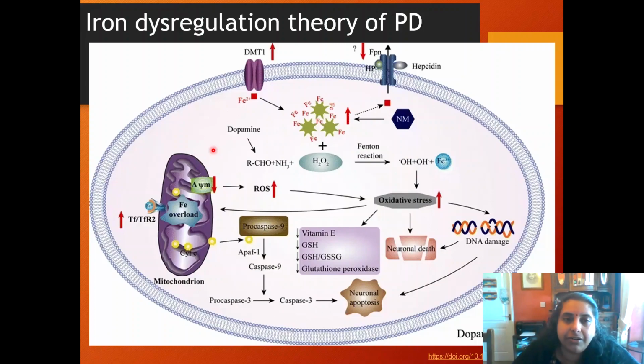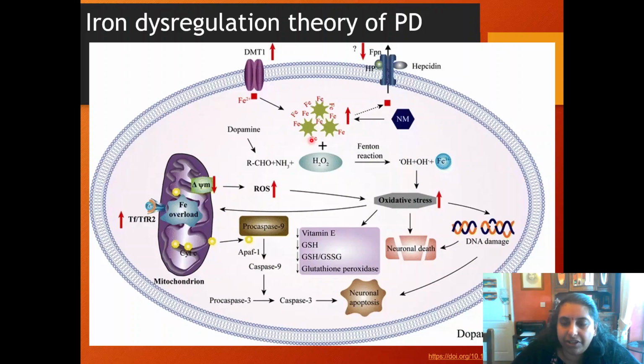there's not enough iron. I was saying that dopaminergic neurons are special, and one of the things that make them special is that dopamine actually interacts with the iron pathway, and that increases oxidative stress in the cells.